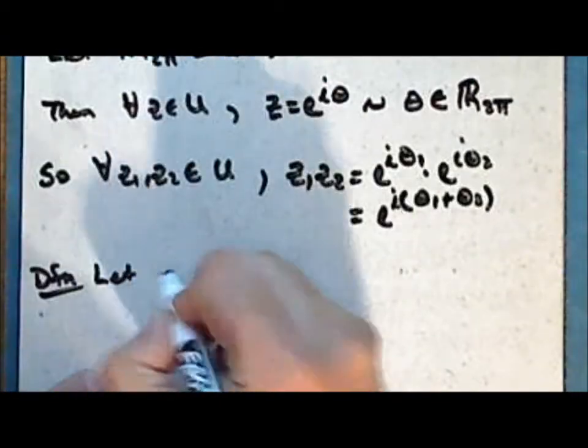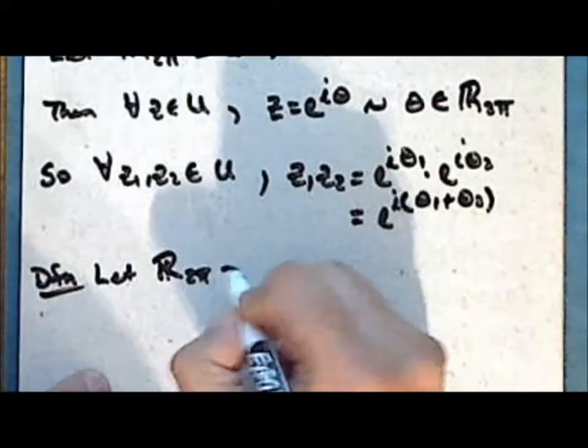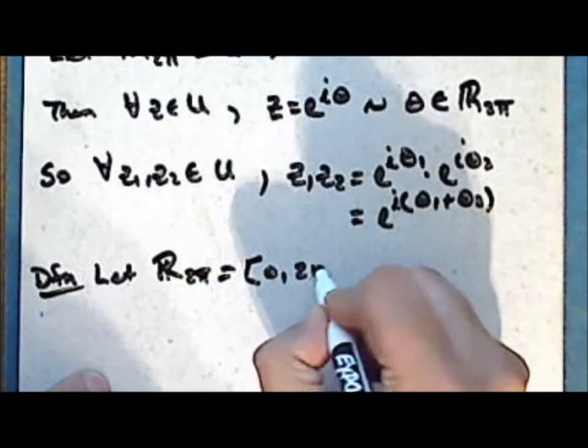So once again, let R sub 2 pi be the half open interval from 0 to 2 pi.